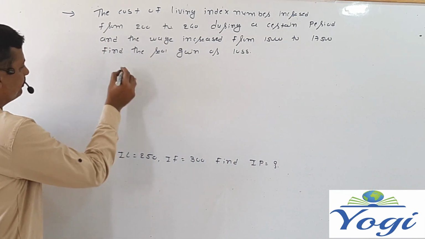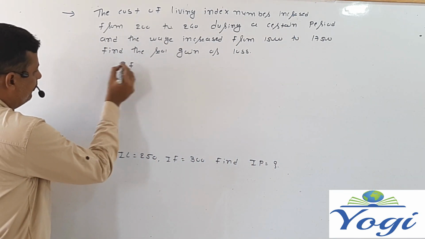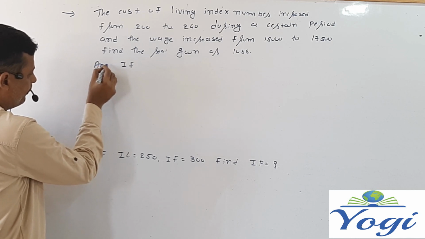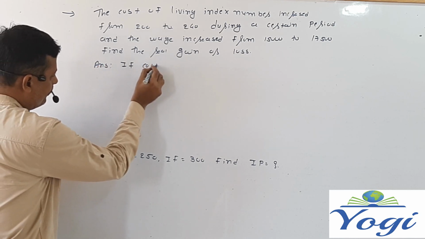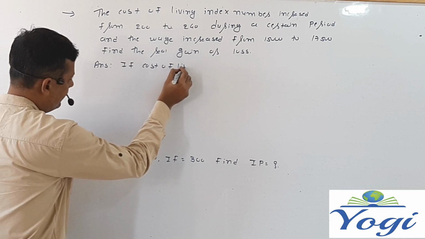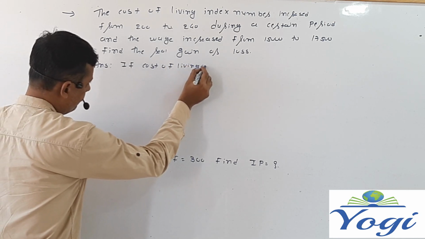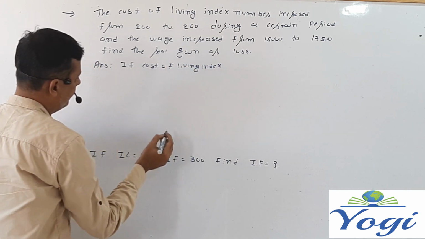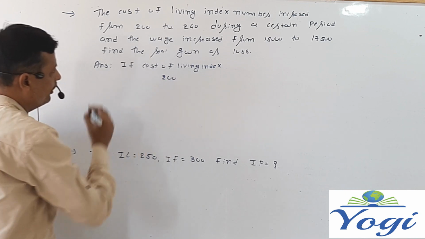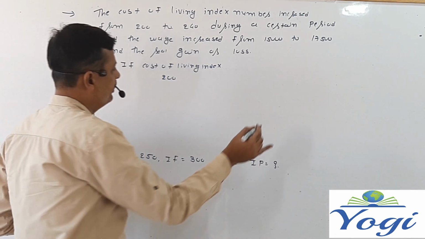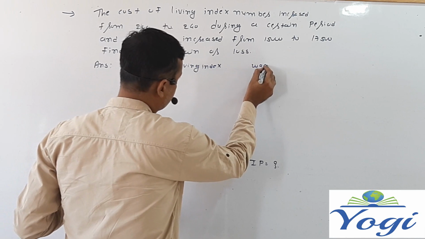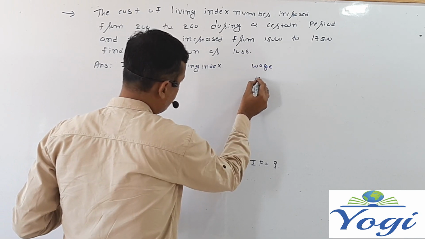So if the cost of living index is 200, at that time the wage is 15,000.